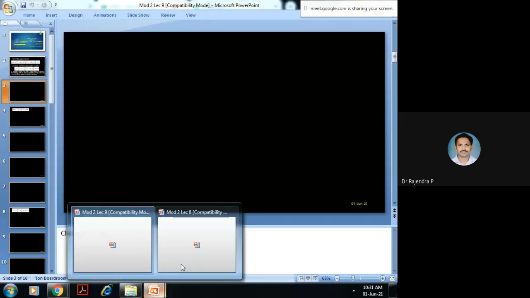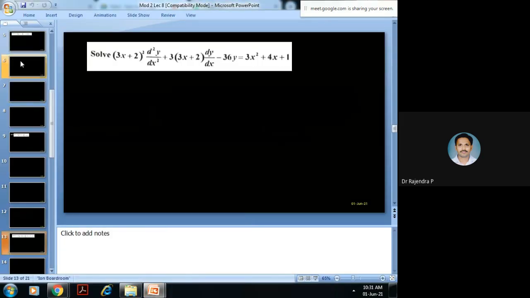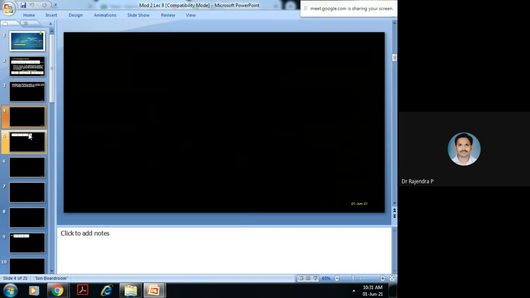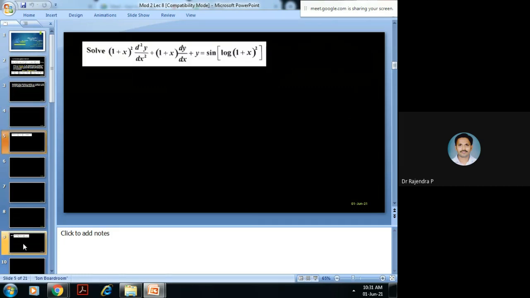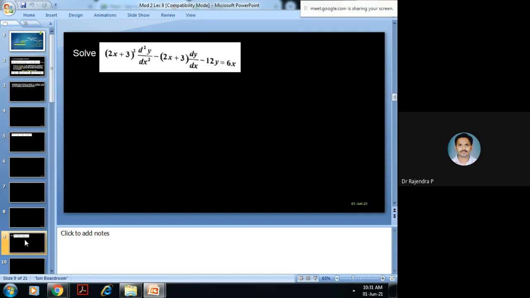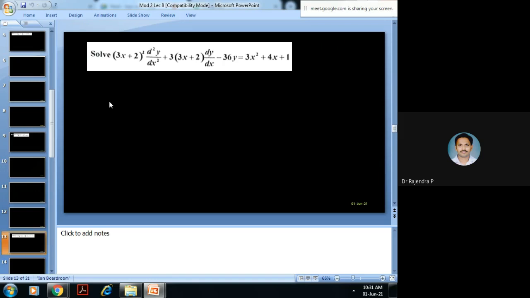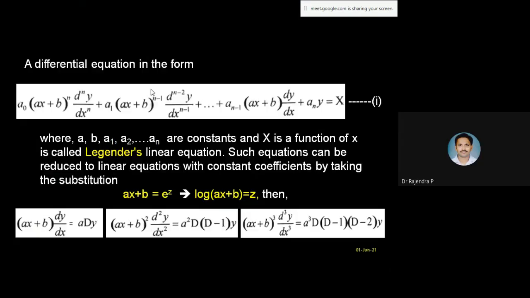Yes, sir. So anyway, that we will understand. Then when it comes to this, it will be easy for you. So let's see what is there in our previous lecture. Have I covered this problem? Sine of log of, I think we covered. Yes, 6x, I think this is also covered. And this one, not covered, right? Okay. So we'll go with that.